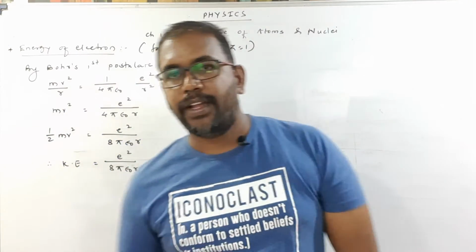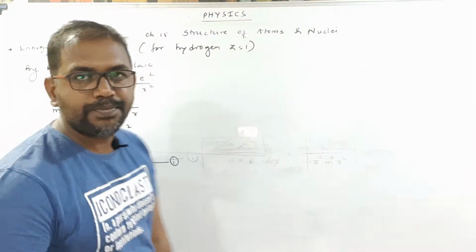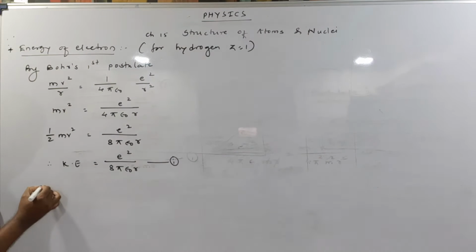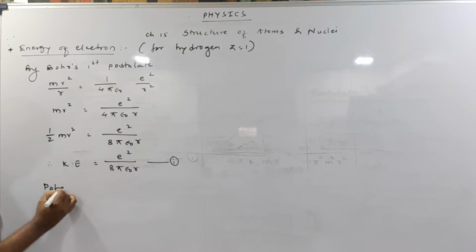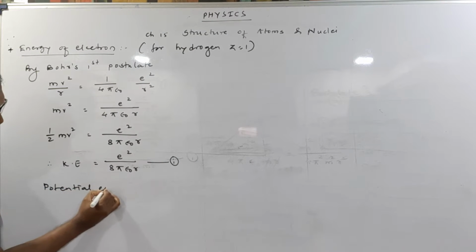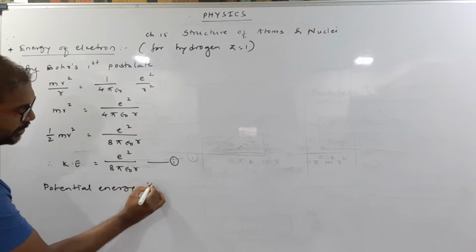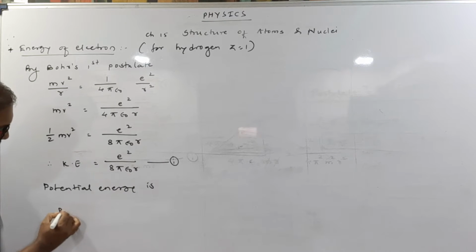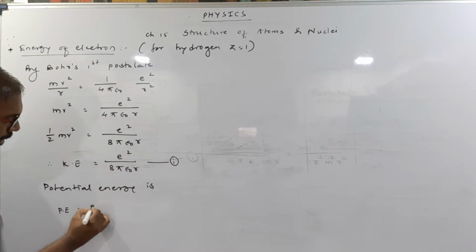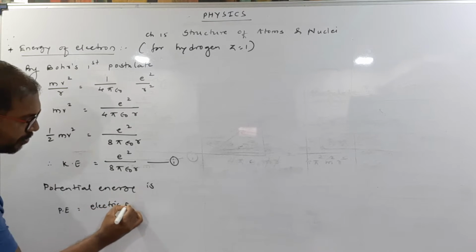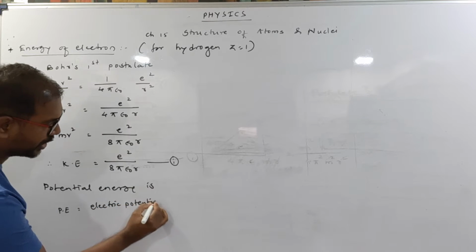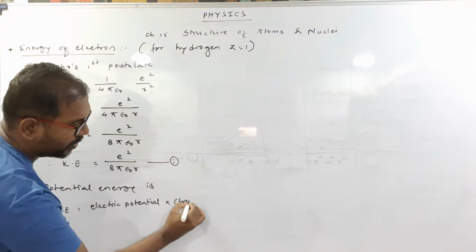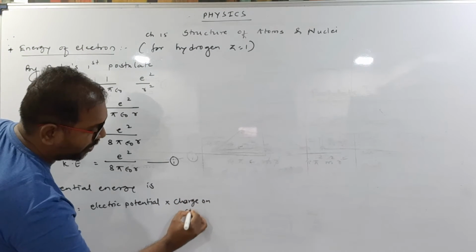In a similar manner we can find out potential energy also. So potential energy is, here you remember one thing, potential energy we can write as electric potential into charge on electron.